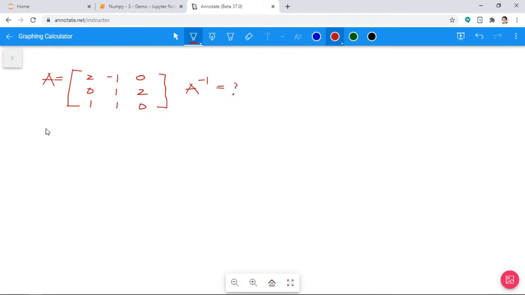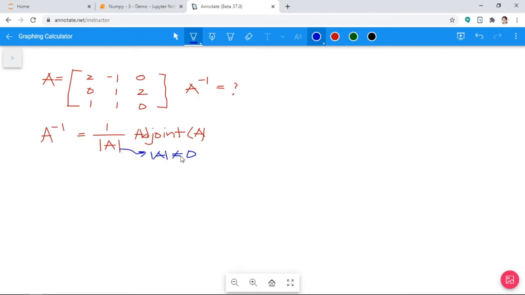Okay, so again, you write the formula. The inverse of the matrix is equivalent to 1 over the value of the determinant multiplied by its adjoint. Okay, so let me write slowly. The adjoint of A. So remember, our determinant must not be equivalent to 0. If our determinant is 0, then 1 over 0 is undefined.